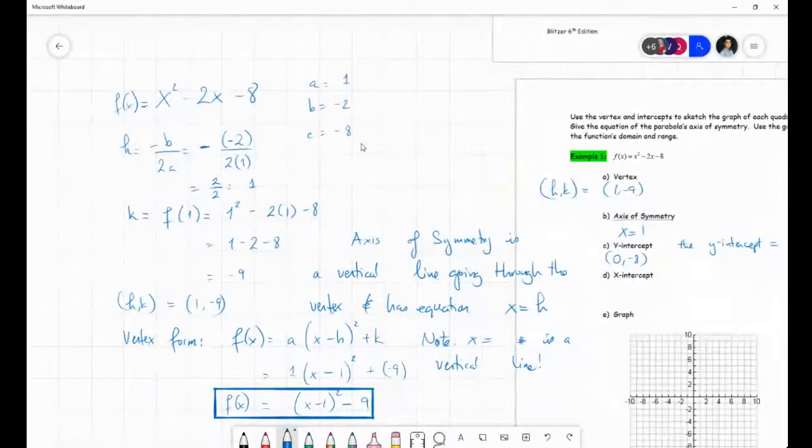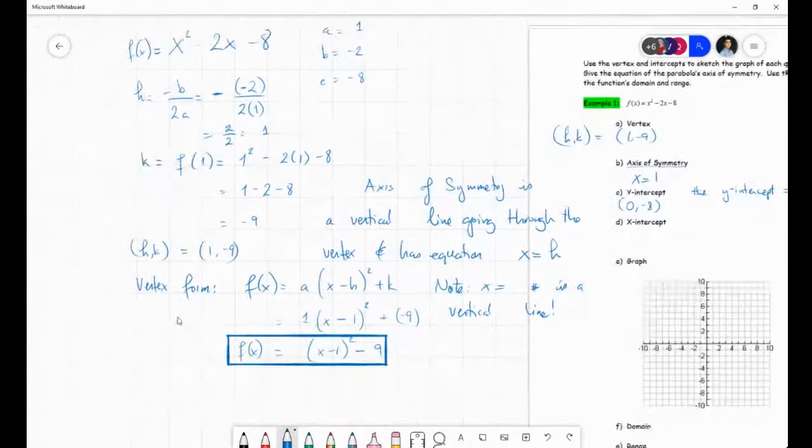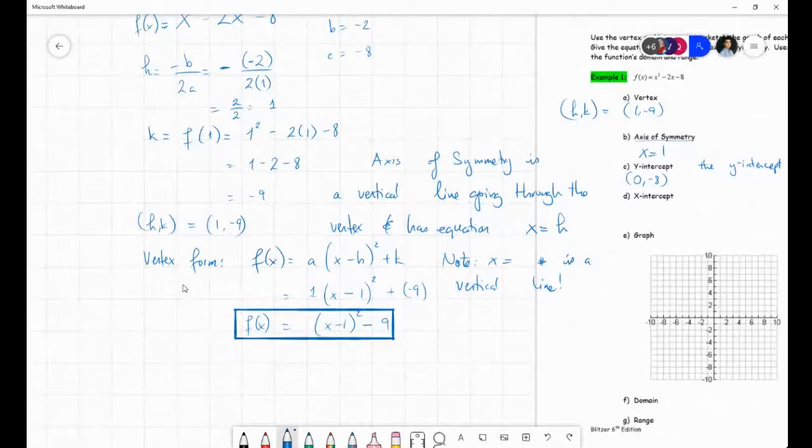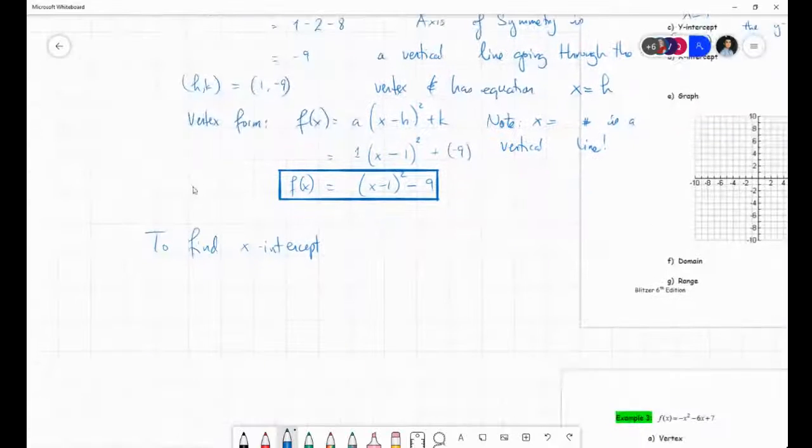Okay, so the x-intercept is not as easy to find. For the x-intercept we have to factor. So let's see how we factor this. I'll give you about 3 or 4 methods on how to do that.